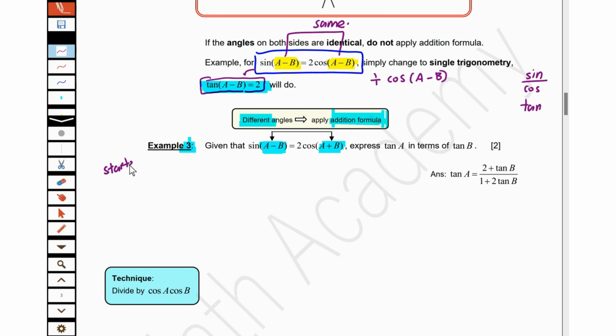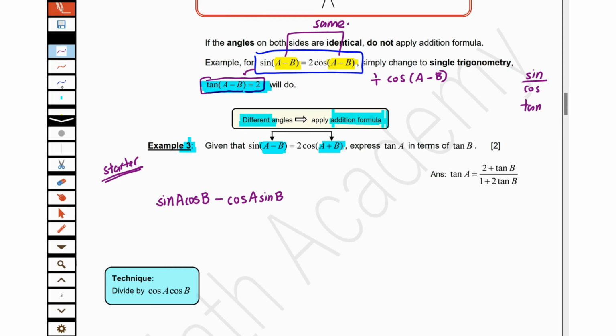So when there's a sine as a starter, you apply the sine formula, which is sine cosine, cosine sine, and the angles will be A, B, A, B. So sine A cosine B, cosine A sine B. Now for sine as a starter, if it's a minus here, it will be a minus here.